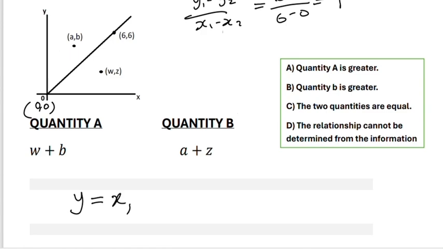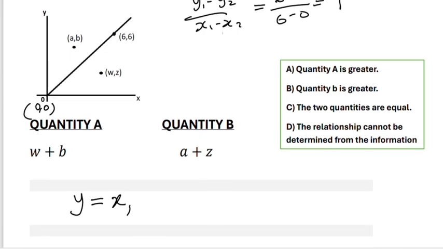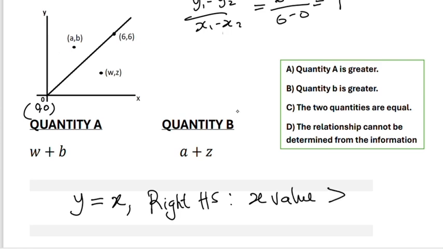And there are some principles and laws that go with this particular kind of line graph, which is, one, that any point towards the right hand side of this line, the x value is always greater than the y value.